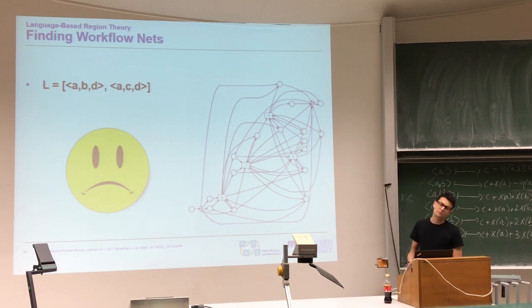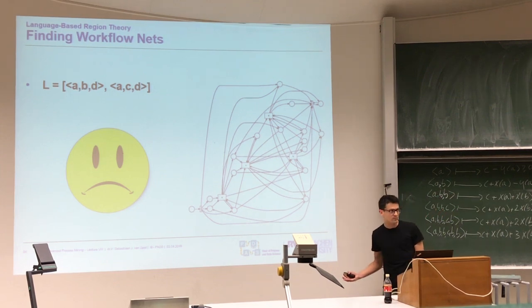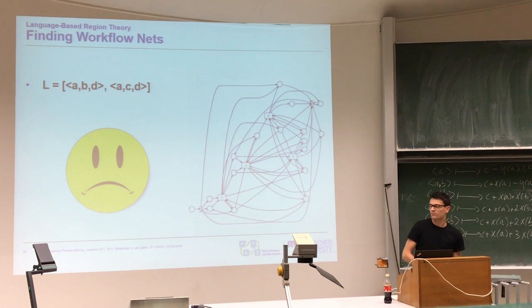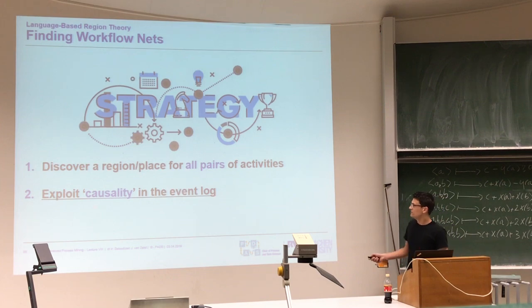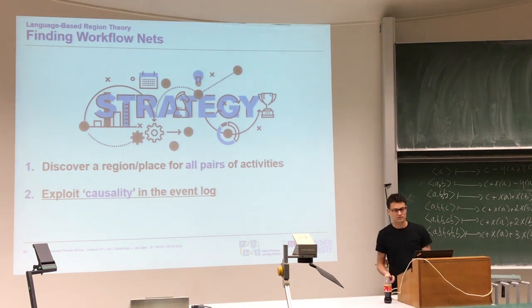So it's a way to no longer find just one place, but all the possible places. At the same time, we still get a lot of redundant places that we're not really interested in. The second approach is to exploit causality in the event log, and that generates much more suitable results.